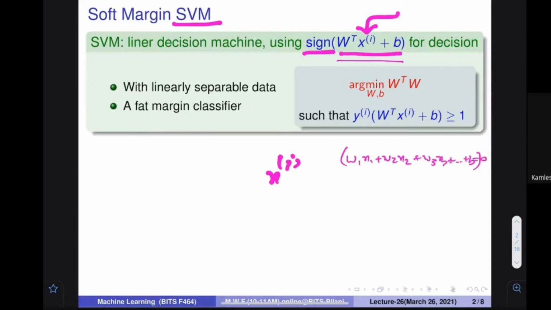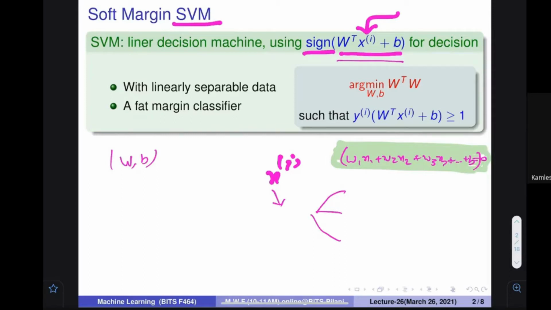If any particular point is given, there could be three conditions. If this is the equation of a plane, you can represent it by two parameters, W and B. Using W and B, I am going to represent this particular plane.